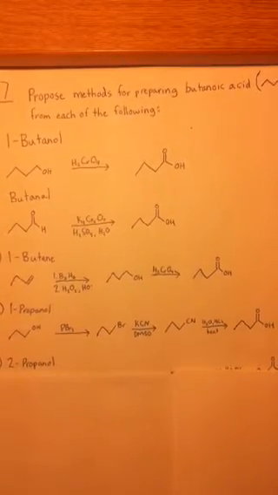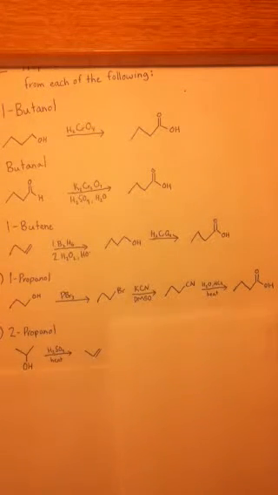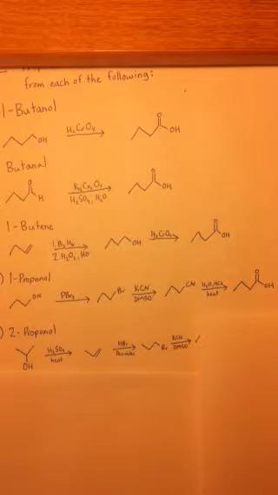And then E, you're starting with 2-propanol. And 2-propanol, you can start with dehydrating 2-propanol to propene, and this can be followed by the free radical addition of hydrogen bromide, and that's going to give you 1-bromopropane.